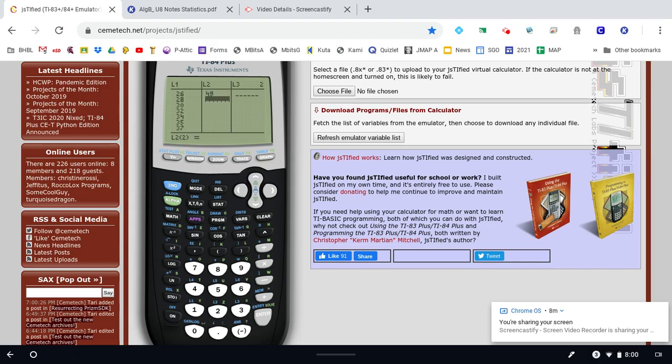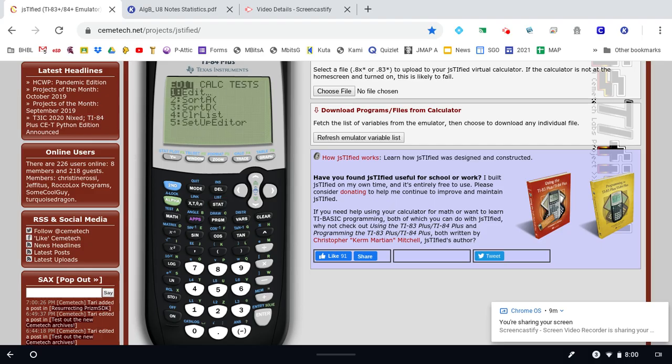My high temperatures, 49, 50, 57, 54, 60, 58, 64, 66, 63, and 72.